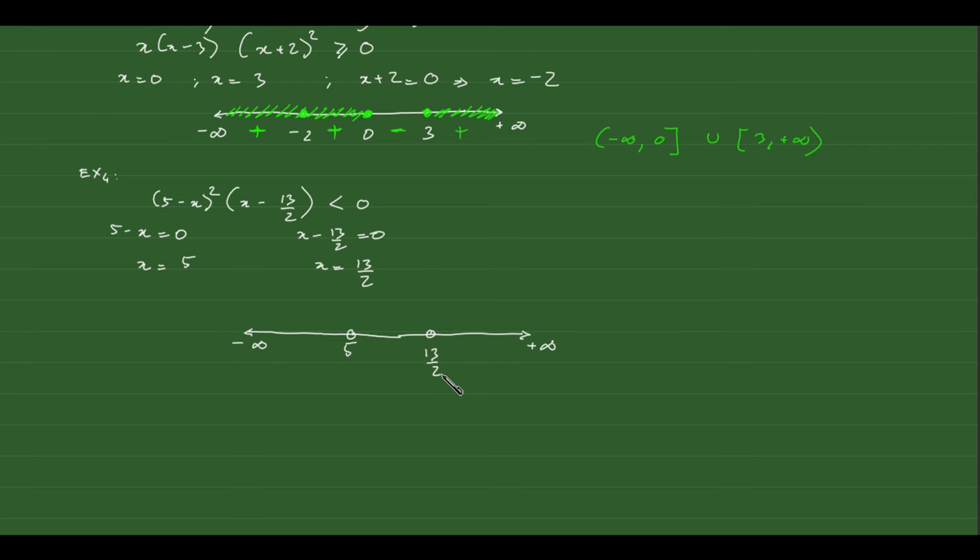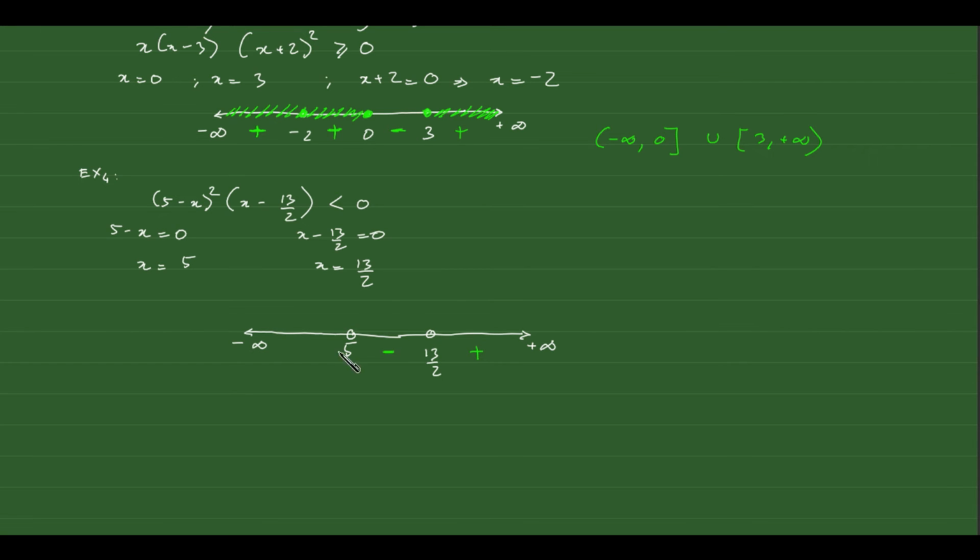And you see that I'm gonna have to use the open circle because there's no equal. Alright, so let's pick this one. I'm gonna pick 7, so it should be positive here. There will be negative. I'm gonna pick 6, will be negative.